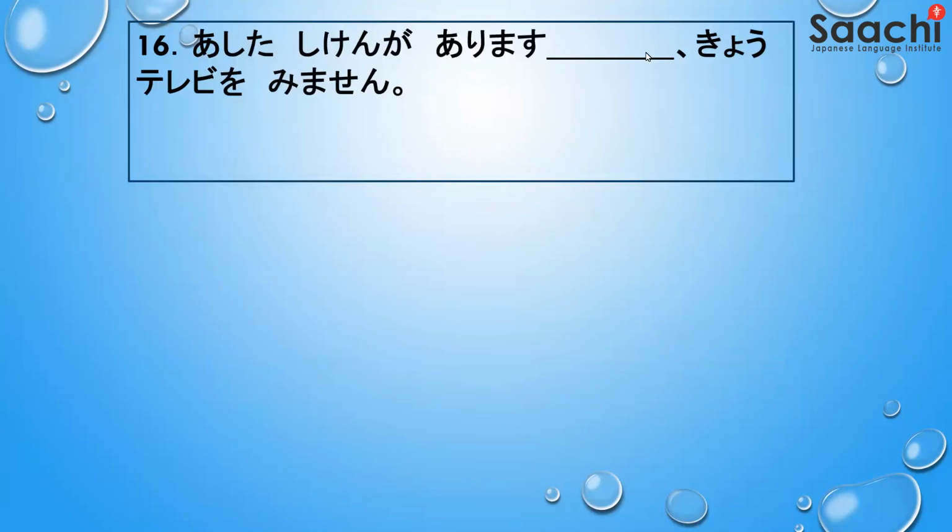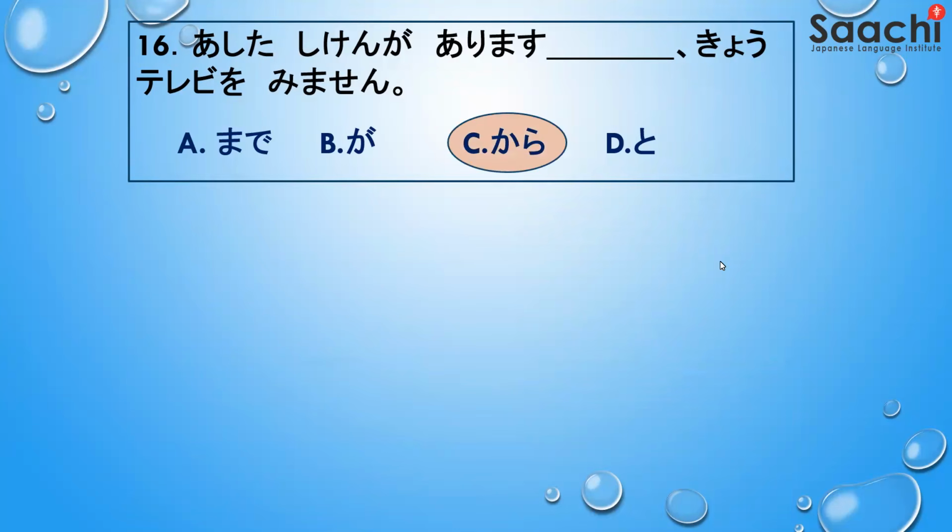明日試験があります。今日テレビを見ません。までがからと。So this is also similar to the previous one. から。明日試験がありますから、because I have exam tomorrow.